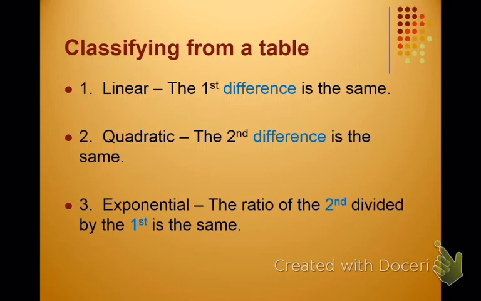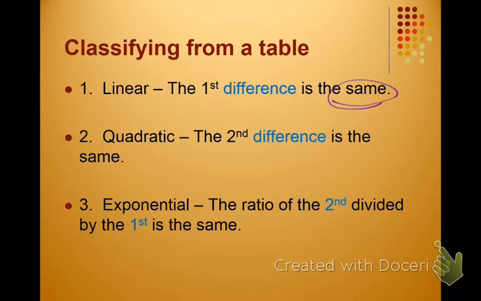But if it's a linear function, then the differences between the x's and the differences between the y's are going to be consistent. They're going to be the same. So the difference from one x coordinate to the next x coordinate in our 2 points will be the same all the way throughout the table. And the difference between the y coordinates are going to be the same all throughout the table.